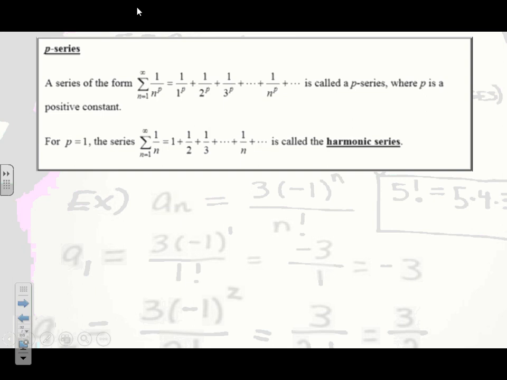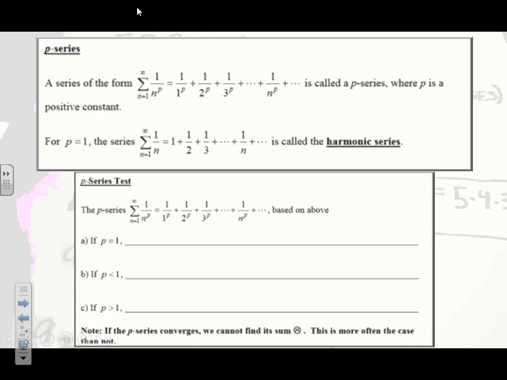Whenever you have a p-series, in order to determine whether it converges or diverges, you simply need to look at the value of p. Given any p-series, if p is equal to 1, so if you're looking at the harmonic series, that series will always diverge.